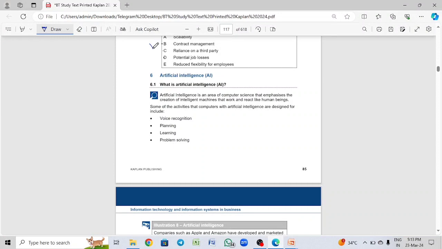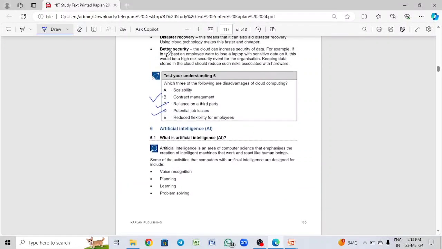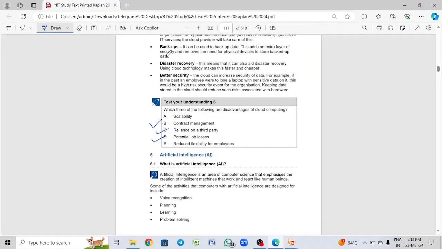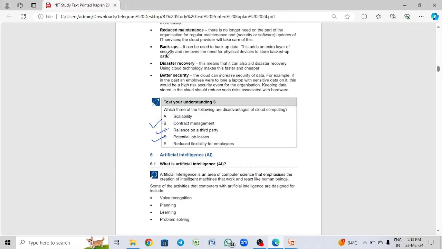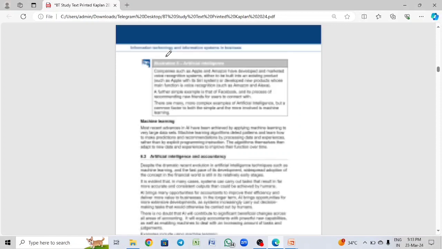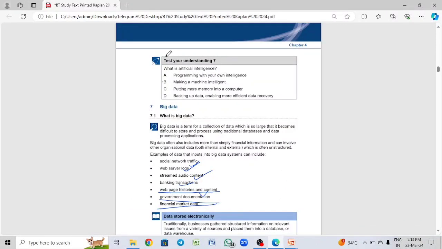It is definitely contract management, reliance on the third party, and potential job loss. How potential job loss? Since we have a lot of data already stored in the cloud, the people who can collect data and process it into information are not in use anymore. So it creates potential job loss.